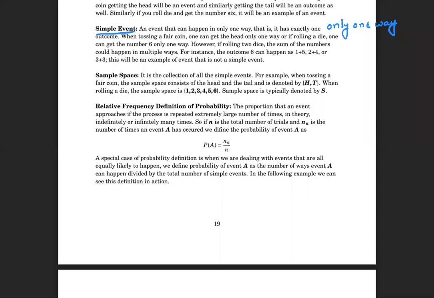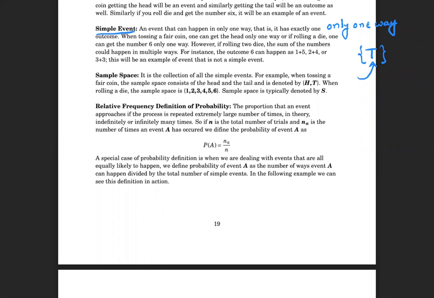So think of this as an example. If you toss a coin and let's say, what is the probability that you will get a tail, which is 50%, but the event tail itself can happen in only one way. It cannot happen in multiple ways, okay? So a simple event is an event that can happen in only one way.